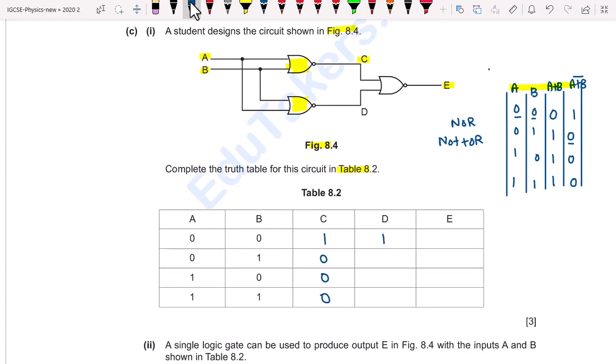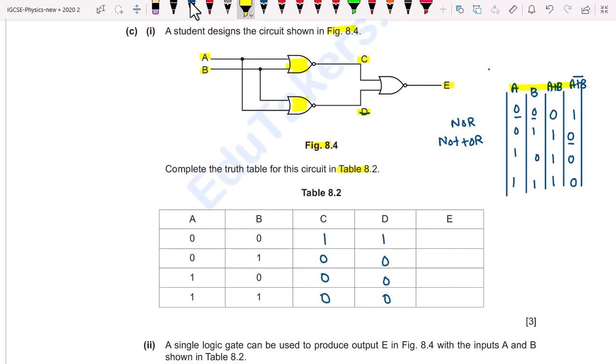Similarly for D, no, here E. E is the output when I combine C and D and apply a NOR gate over it.